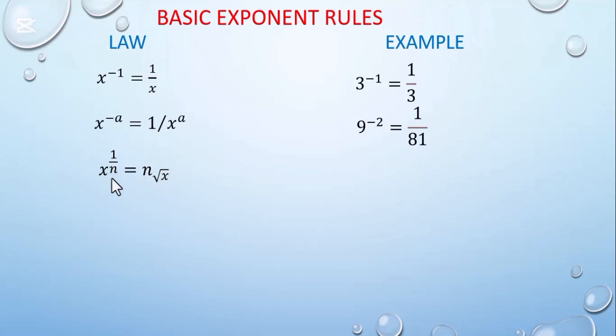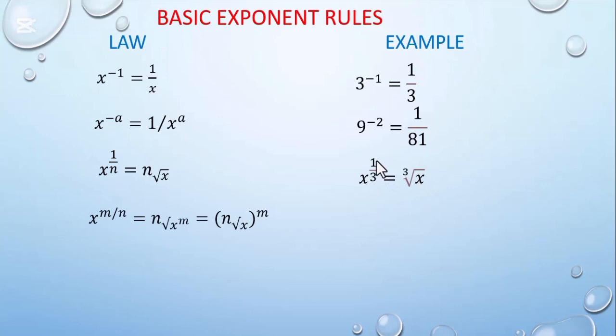So we have x to the power of 1 over n. This numerator will come as the power of your x, then you have the root, and the denominator will form the index of the root. A good example of that is x to the power of 1 over 3, since it's 1 over 3, this 3 will form a cube root of x to the power of 1.